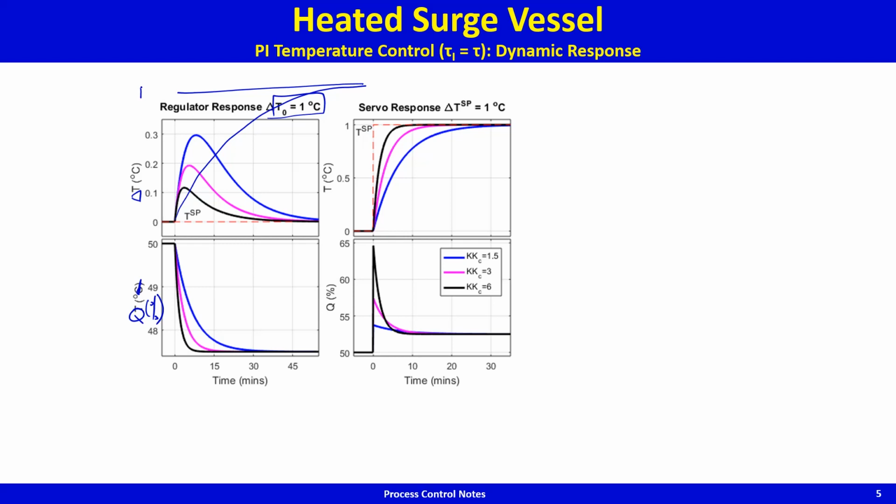With control, what we are getting is, and I'm using different values of kkc, kkc is increasing. You can see whether you use small kkc or large kkc, because tau I is equal to tau, you are using integral action. Ultimately, the temperature returns back to set point. If kkc is increased, the return to set point is faster, the response completion time is quicker, and the change in Q is more aggressive.